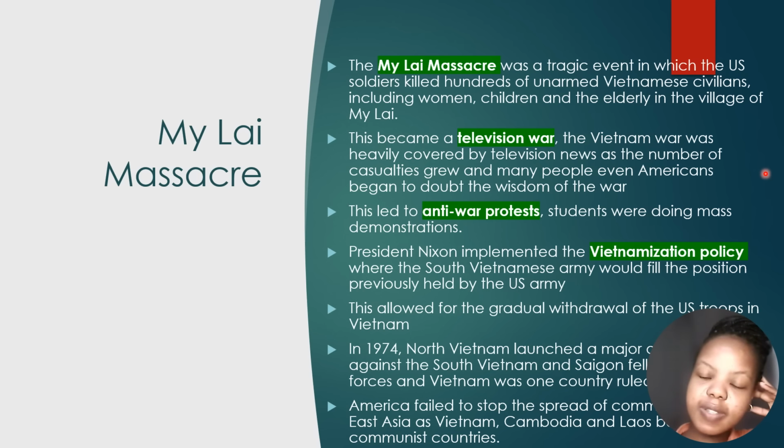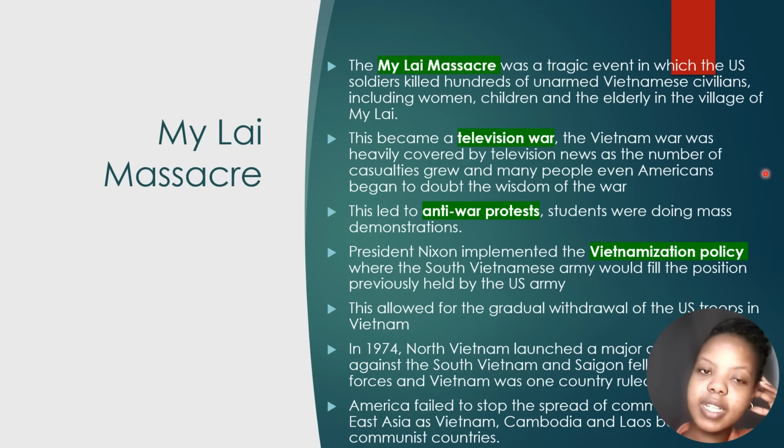Previously, when we were defining these terms, we said it was the US's policy that they introduced with the aim of providing South Vietnam with military as well as economic aid, allowing South Vietnam to be at the forefront of the war, whilst the USA is gradually withdrawing their troops.